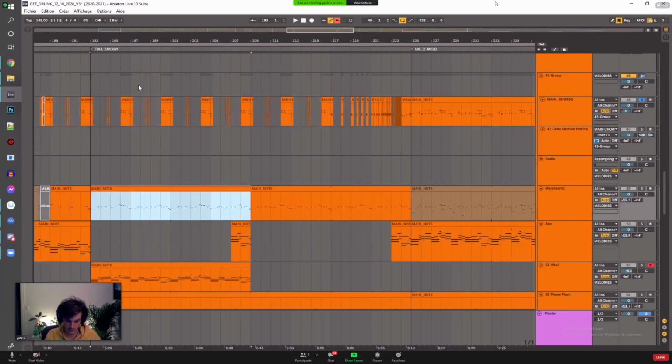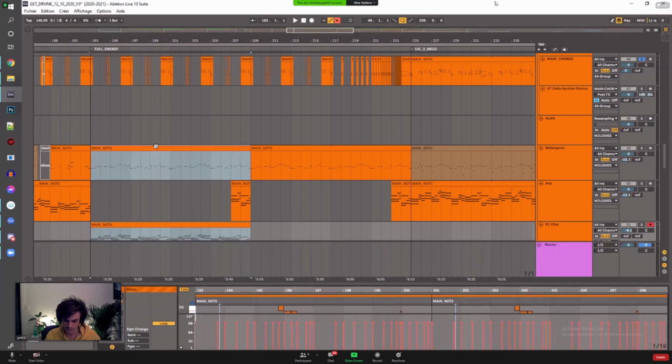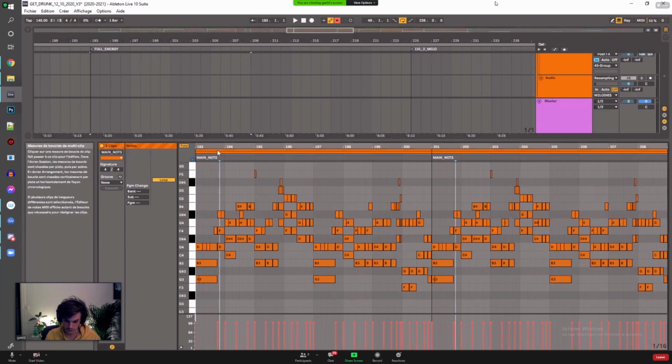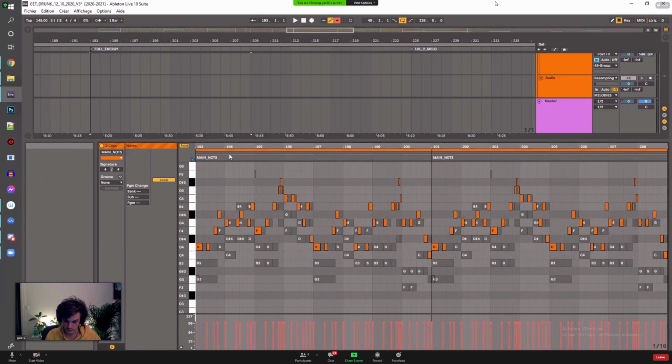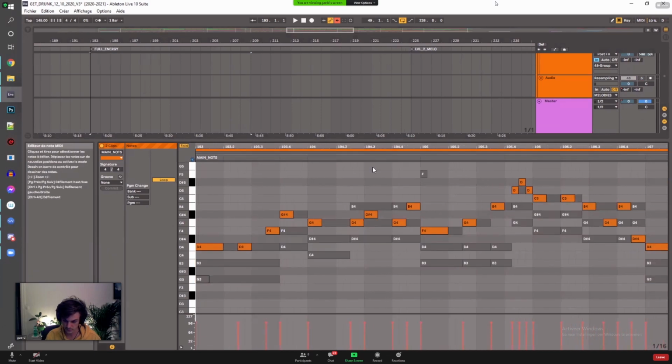So this way I'm sure they will add up nicely. If you see my melody, it follows the chord progression.